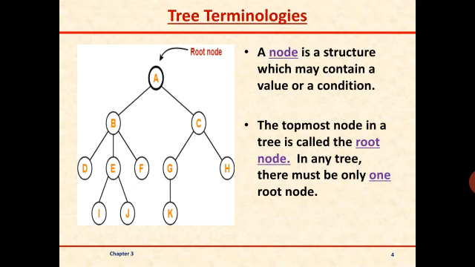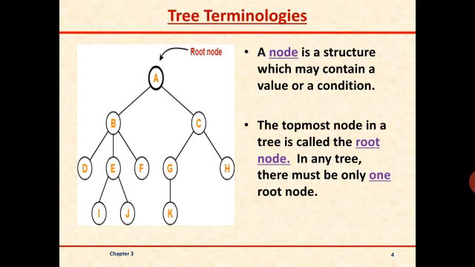Here in this diagram we can see A is a data item which is present inside the node, as well as B, C, E, F, G. All these are various data items, and they are represented in the form of nodes.